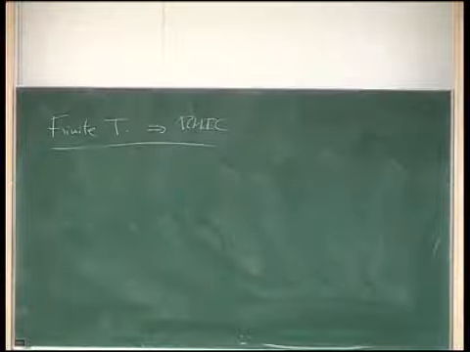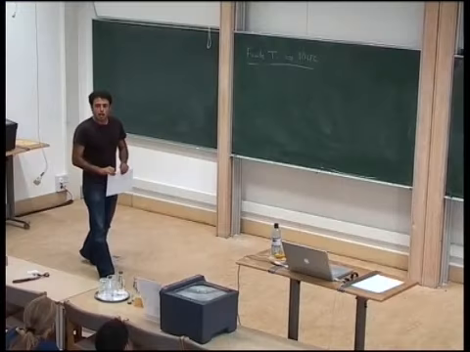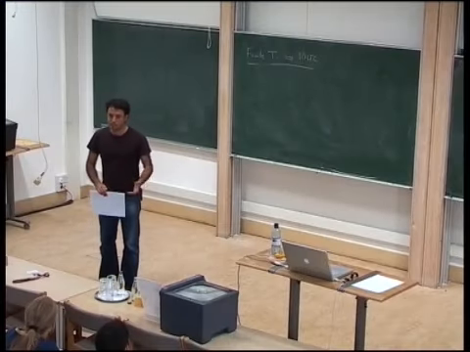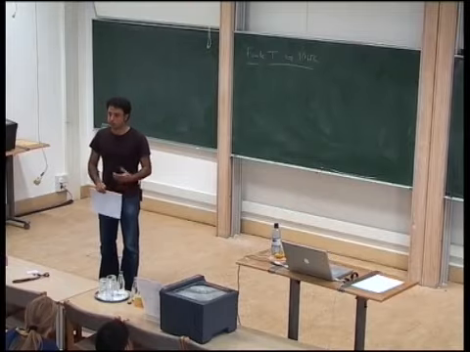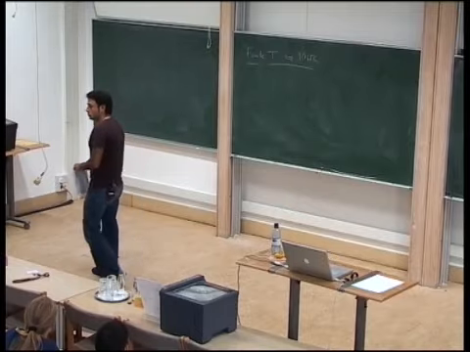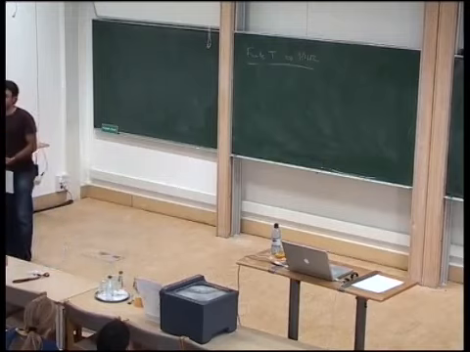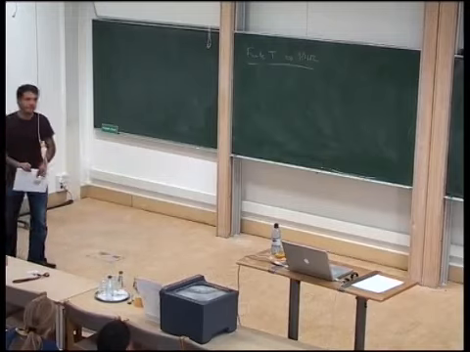N=4 super Yang-Mills and QCD at zero temperature are very, very different theories. QCD has a dynamically generated scale, so it's not a conformal theory, and it's not supersymmetric. N=4 is both conformal and very supersymmetric, so they are very different theories.